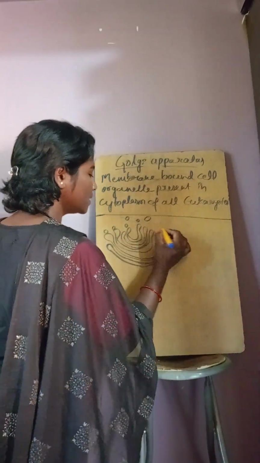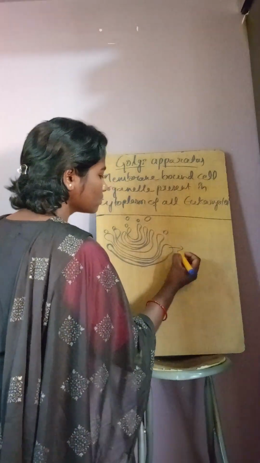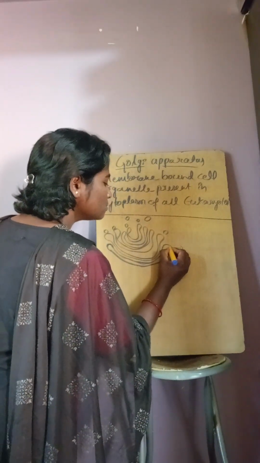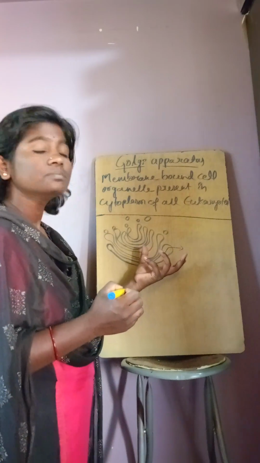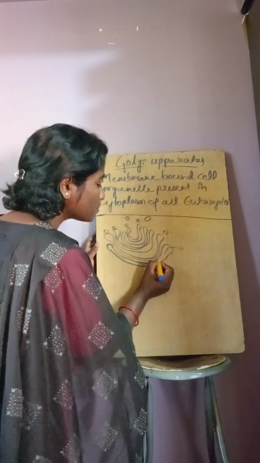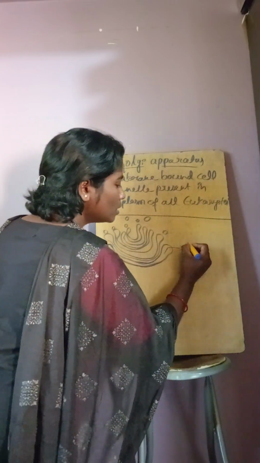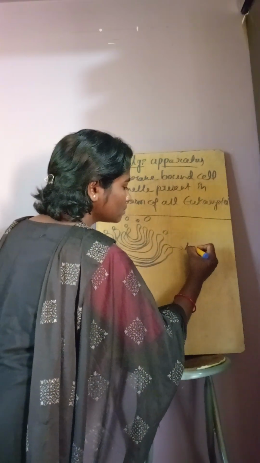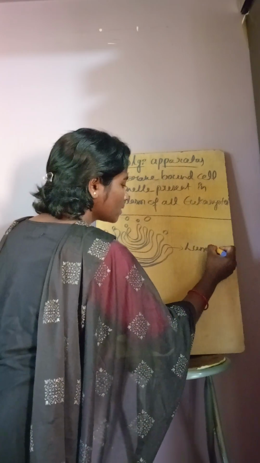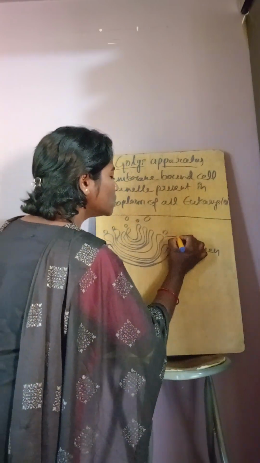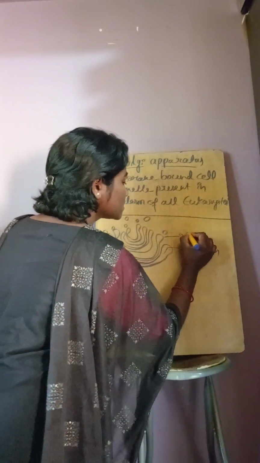Now we will see the labelings. The region present inside, towards the two lateral sides, is called the lumen. And here we can observe a bulged portion that is called cisternae.